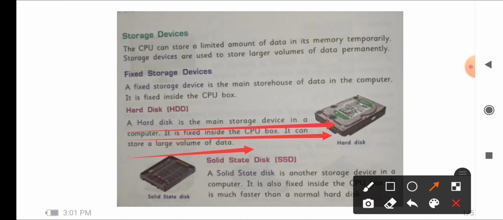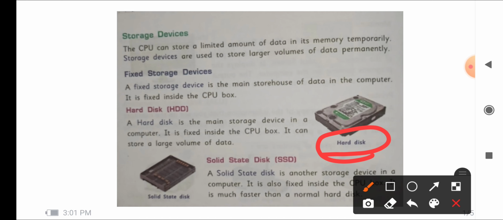Already there is a hard disk inside the CPU box. You can see this hard disk. It has a large volume of storage, which means large data can be stored inside the hard disk.